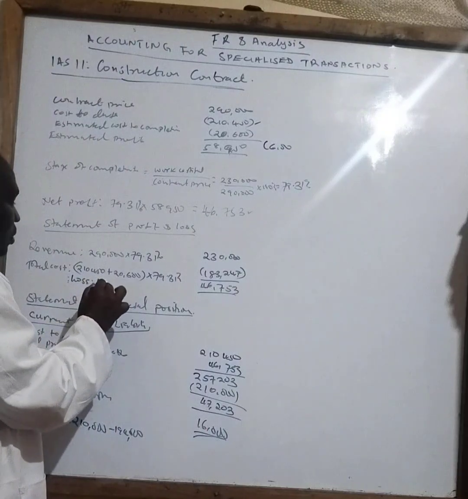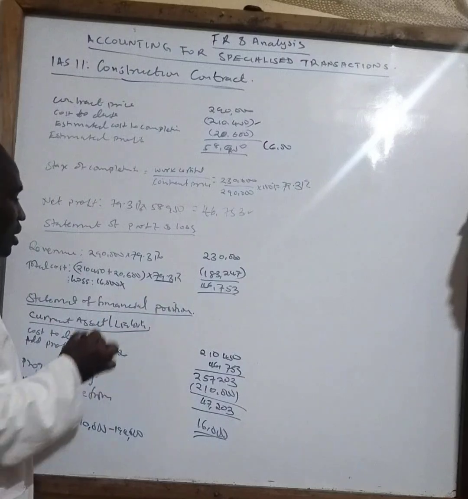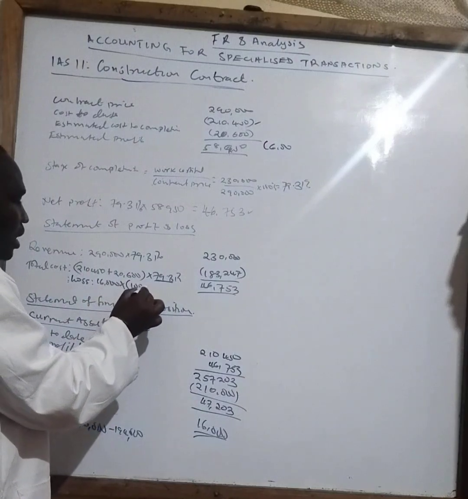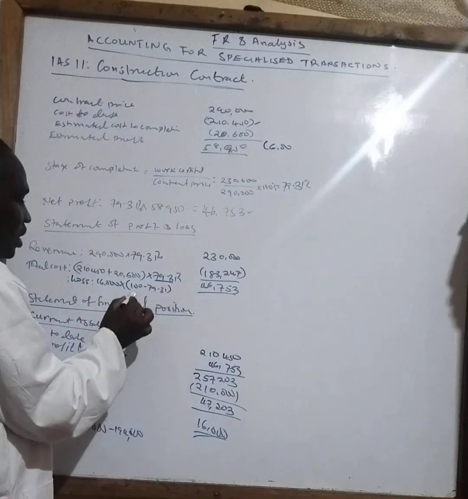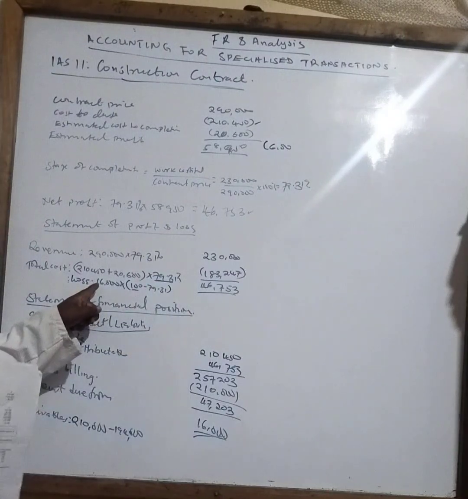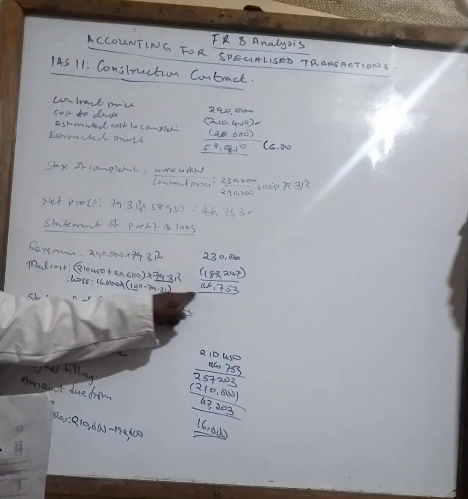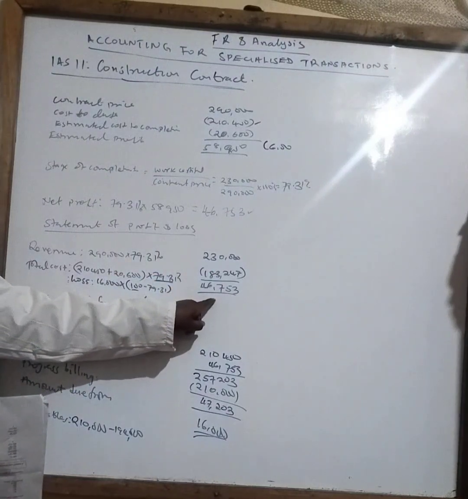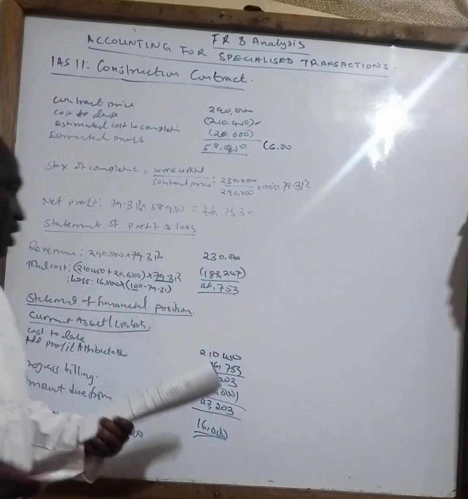It will be 16,000 times the percentage remaining. Percentage remaining here is 100 minus 79.31. You see? So it will be 16,000 times the remaining percentage, so that you recognize that you put it there. Then you subtract. So that is how you are supposed to do that particular question.